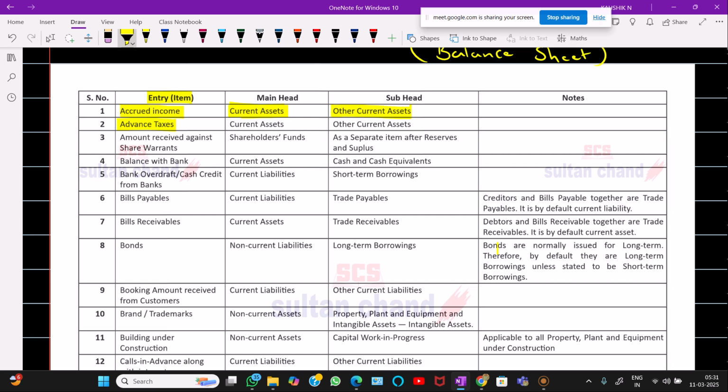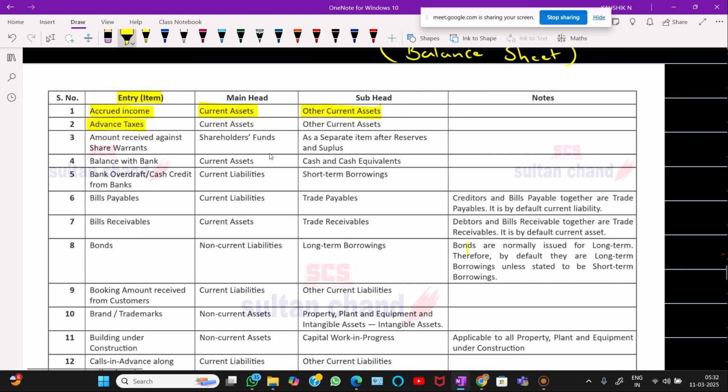But before the amount of tax is assessed, we have paid some amount of tax in advance. That's what we call advance tax. So when you have made some payment in advance, we usually call it prepaid expenses.